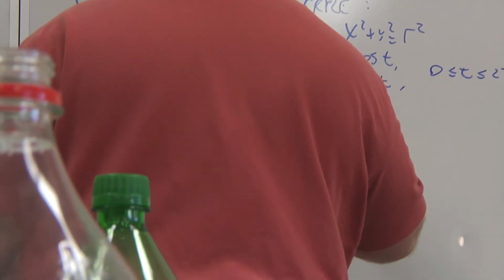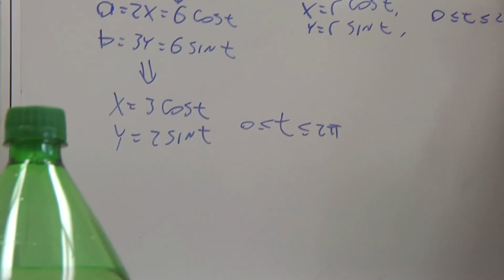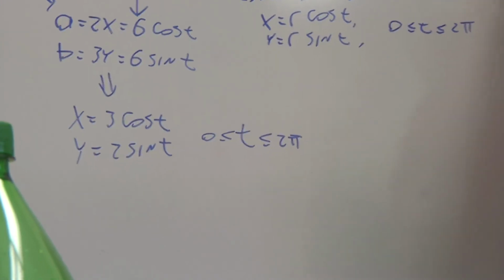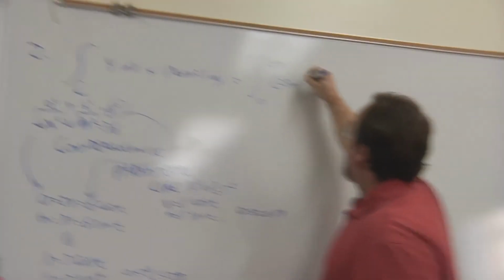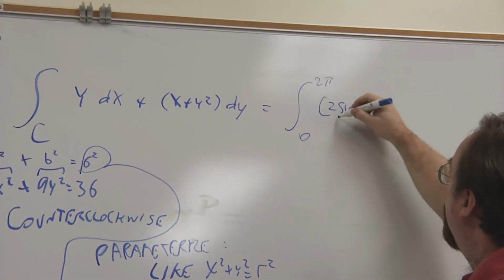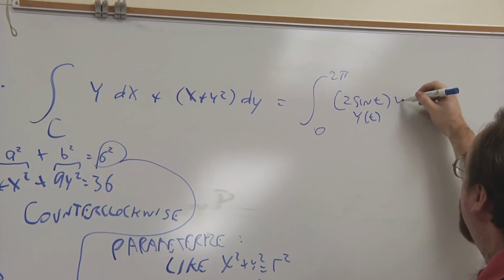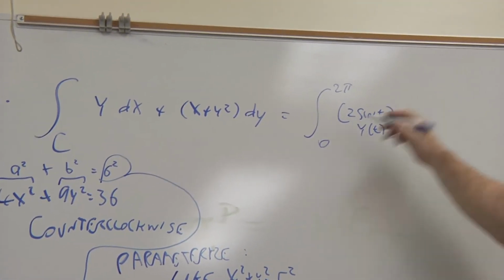And then what you would do is, this would be the integral from 0 to 2 pi of y prime of t, I'll just label everything, sorry, x prime of t.